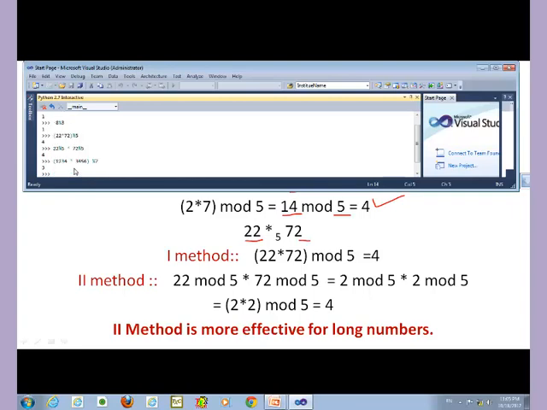The other method is we simply take mod of the first part and mod of the second part, and we get the same result. So sometimes the second method becomes too easy and too fast.